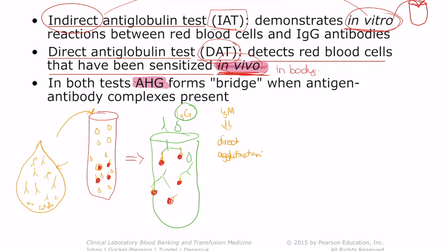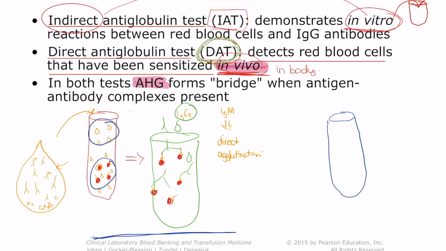Now in the DAT, here's our test tube, and remember this is direct. Over here this was indirect, because we added everything in the test tube. We had reagent cells down here and patient plasma here. So this was patient, this was reagent.